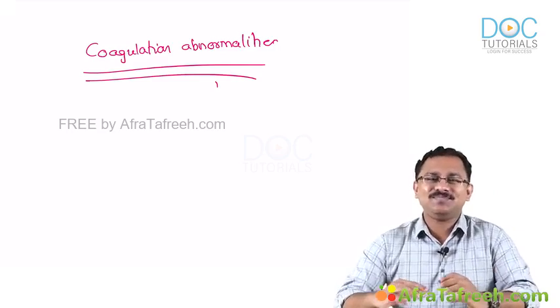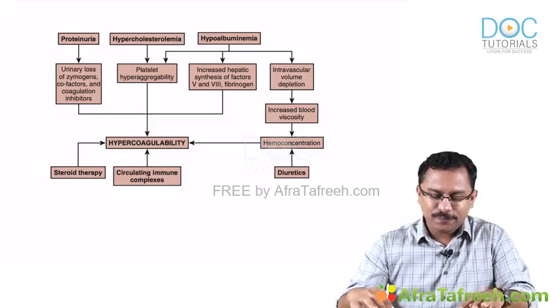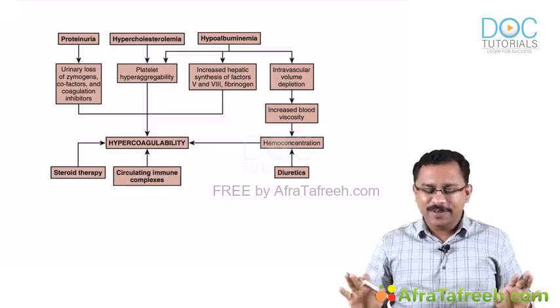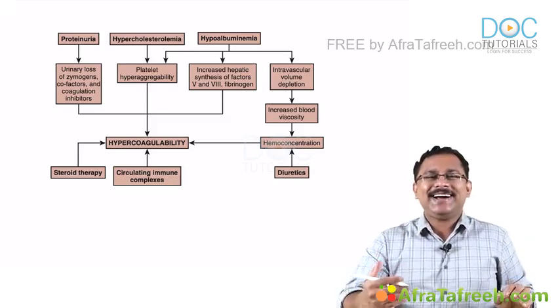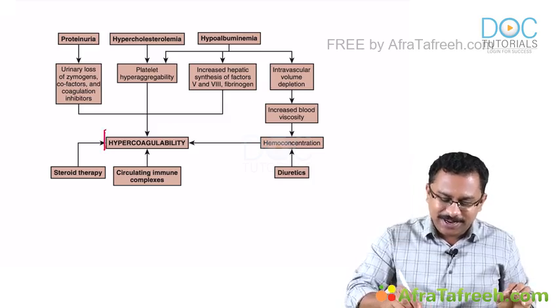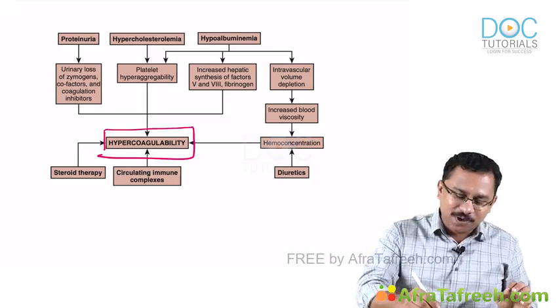Again, you have a whole list of causes. Again, I'll just show you another flowchart from Brenner Nephrology. It's a simplified flowchart on why the hypercoagulability is happening. The end result is going to be hypercoagulability in case of nephrotic syndrome. So various components are there.